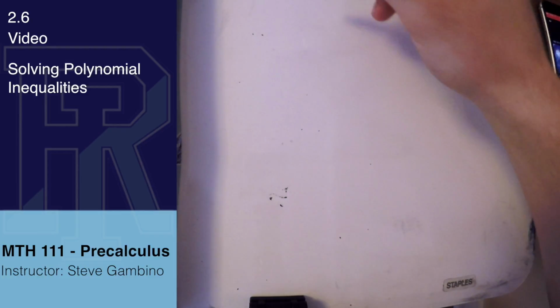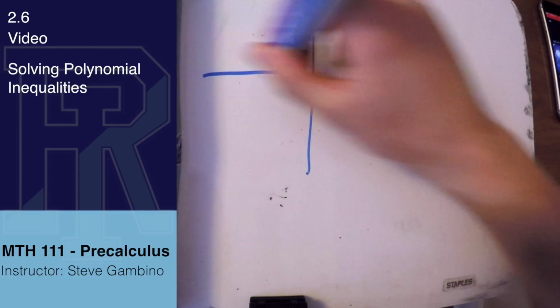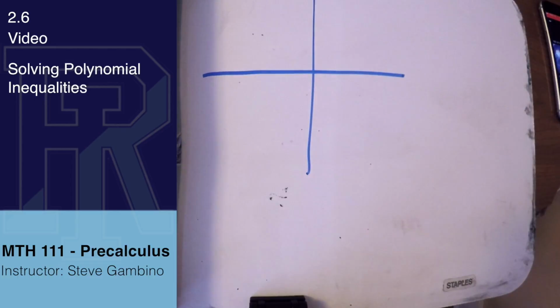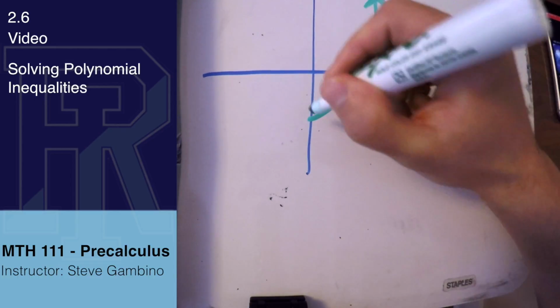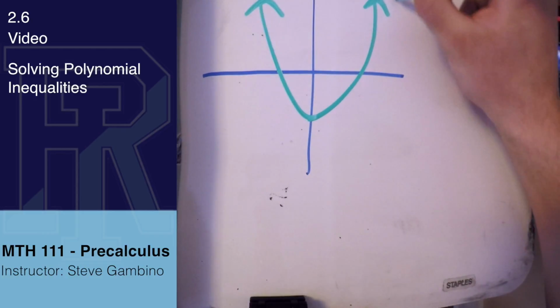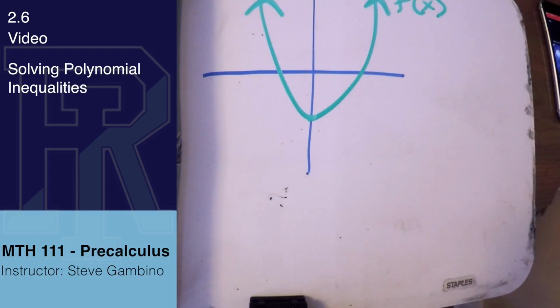And really, we have worked with this actually before when we talked about inequalities with quadratics. It's very much the same idea. Now we're just going to take that idea and apply it to all types of polynomials. So what we had looked at before with a quadratic function, say here's our quadratic function f of x.